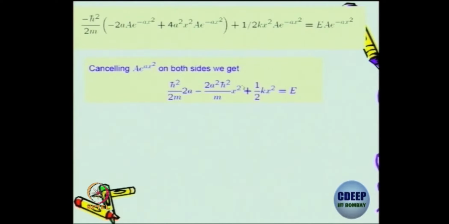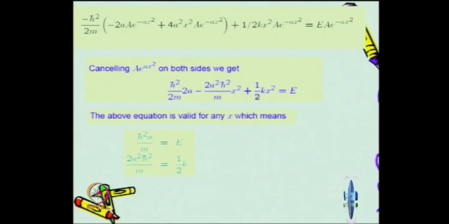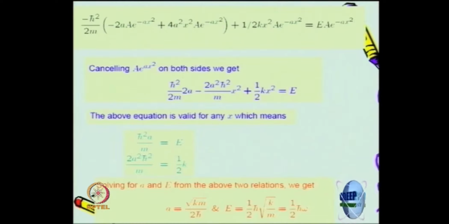The two x squared terms can be set to 0, the sum of these two terms. Similarly, this is a constant independent of x. This should be equated to E. So do that. Equate the constant term to E and equate the x squared terms. From there you can solve for small a and capital E, and it turns out to be half h cross omega, and the a can be fixed to be this constant.